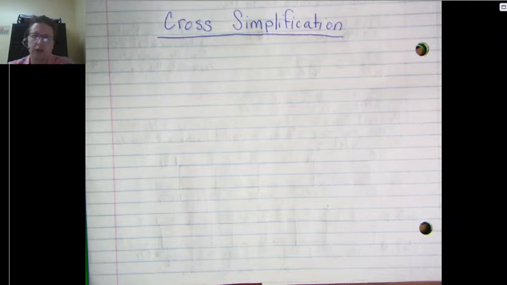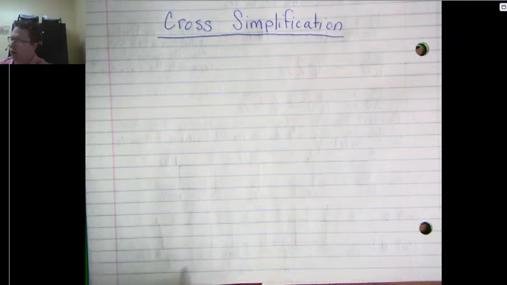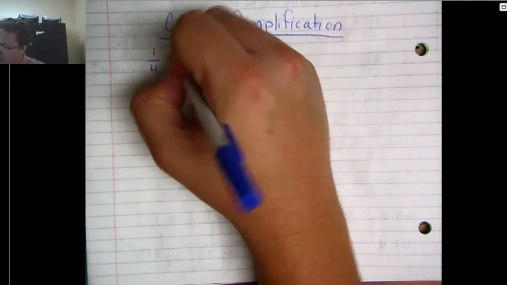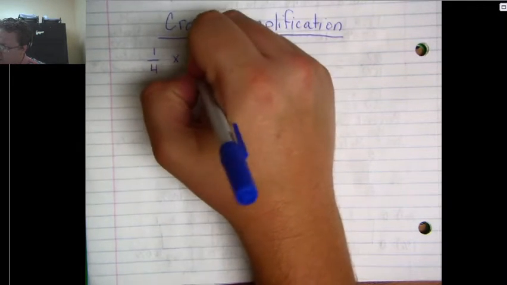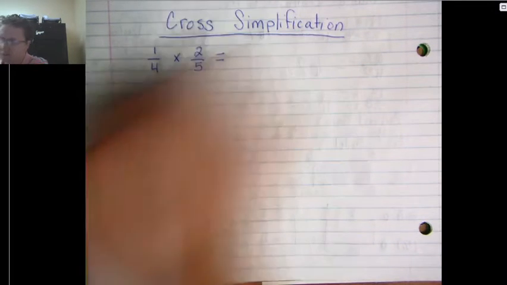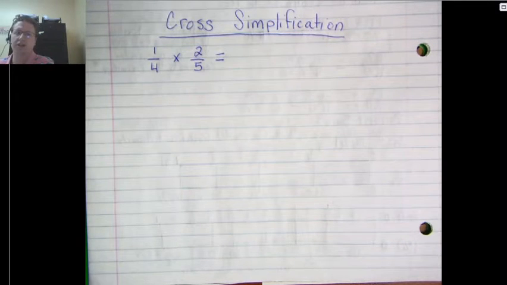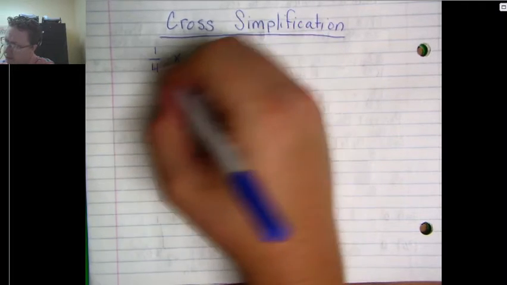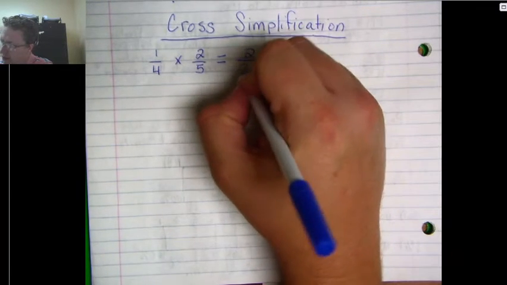In the last video, we looked at an example of multiplying fractions where it was 1/4 times 2/5. When we looked at this, we just multiplied straight across because that's the process for multiplying fractions. We did 1 times 2, which is 2, and we did 4 times 5, which is 20.